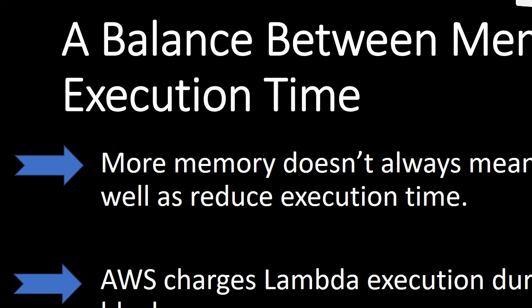But if your function does not need that CPU allocation, then increasing the memory will just increase the cost for you and not reduce your execution time that much, and that will not help you.